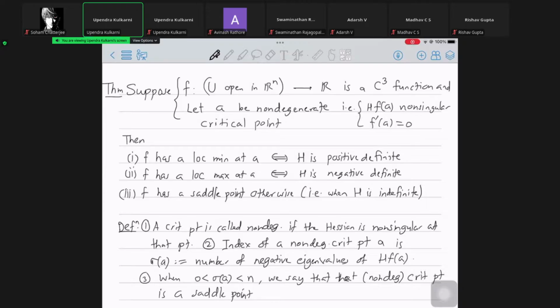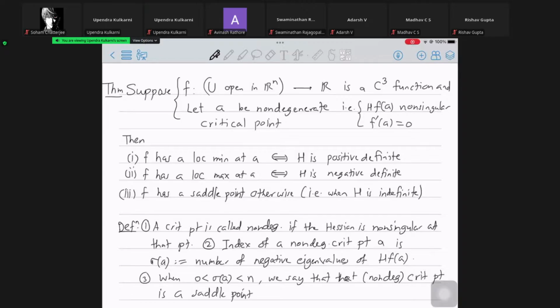If I have a critical point, which is to say that the derivative is the 0 operator, and if the Hessian is non-singular, then I have a local minimum if and only if the Hessian is positive definite. I have a local maximum at this critical point if and only if the Hessian is negative definite.